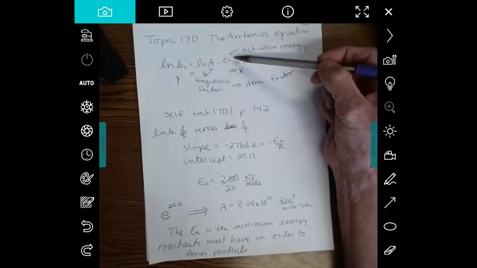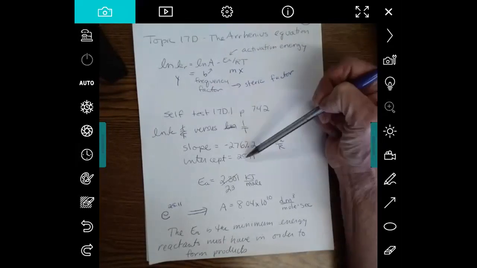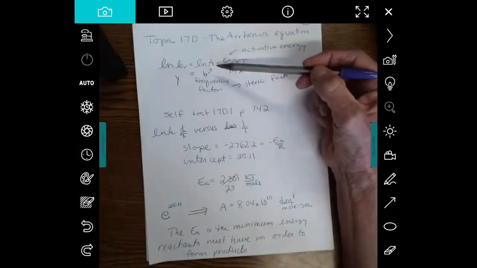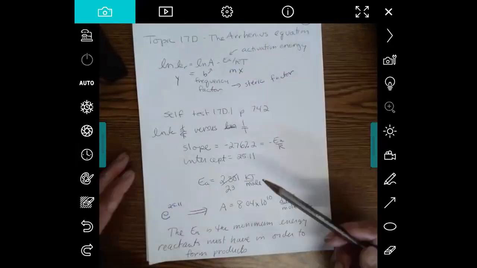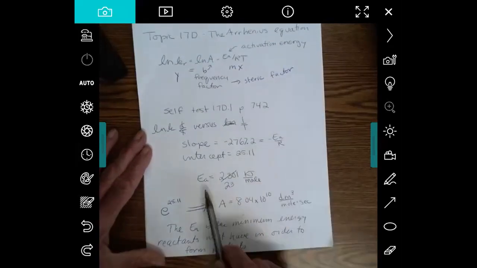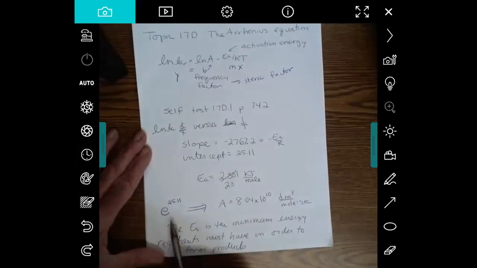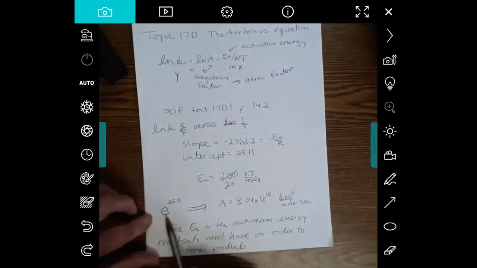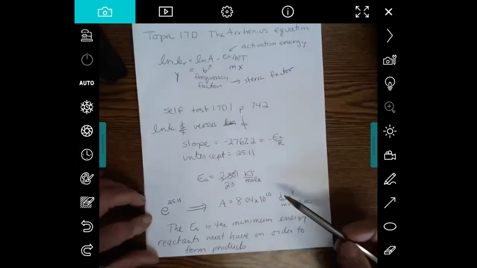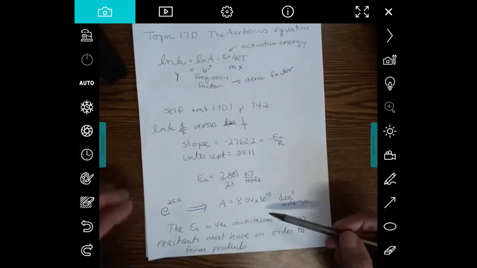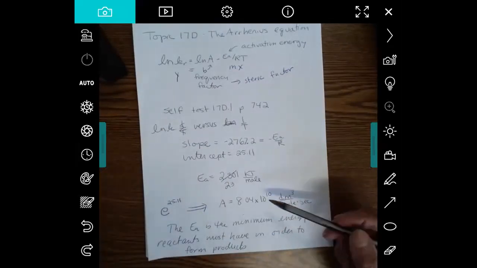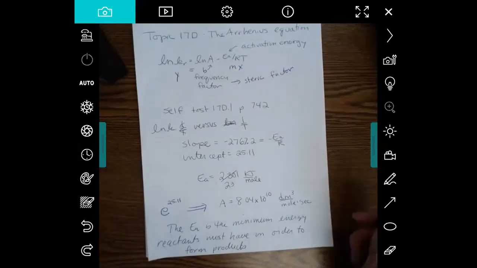The slope should be negative activation energy over R, and the intercept should be the natural log of this frequency factor. When I did that in Excel, I got an activation energy of 23 kilojoules per mole. Then you take the intercept, raise e to that intercept, and I got a pre-exponential factor, or frequency factor, of 8 times 10 to the 10th in units of decimeters cubed per mole.